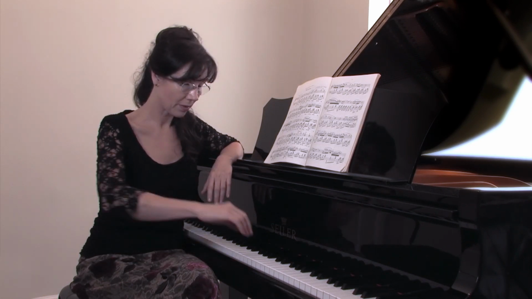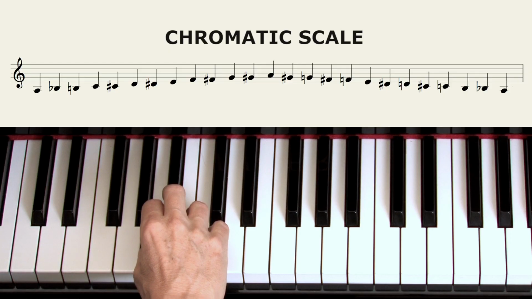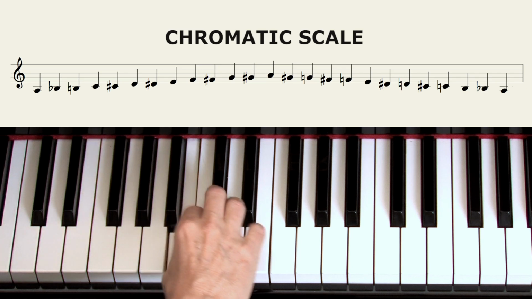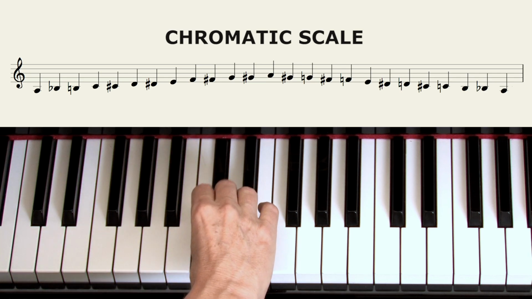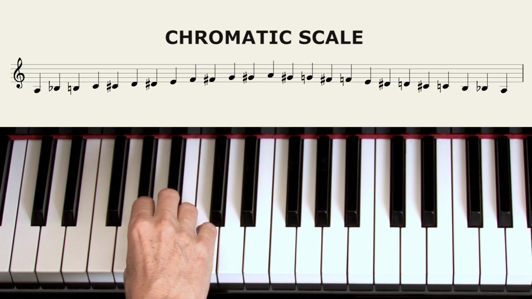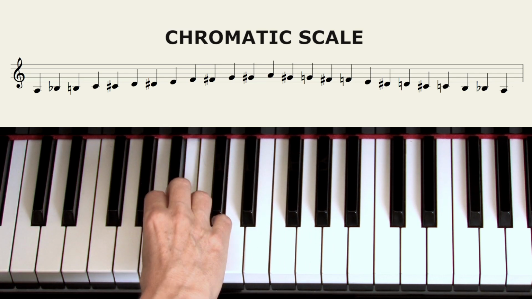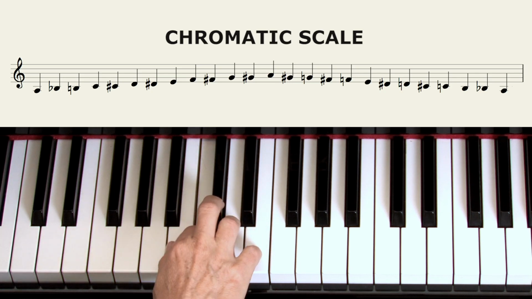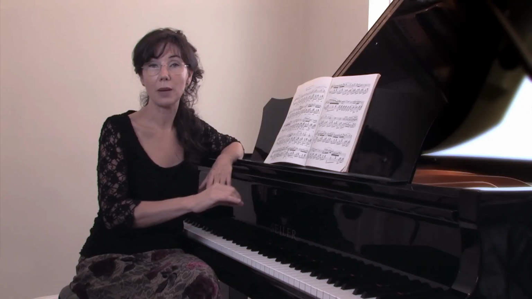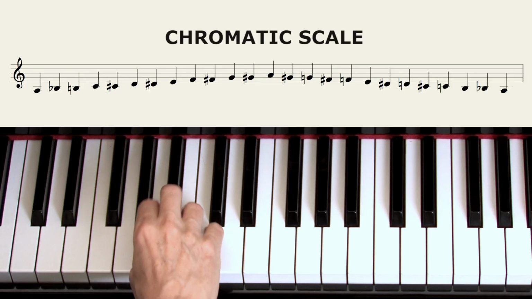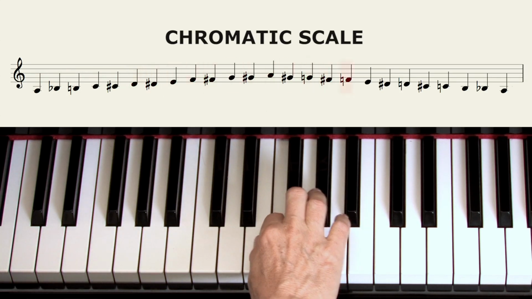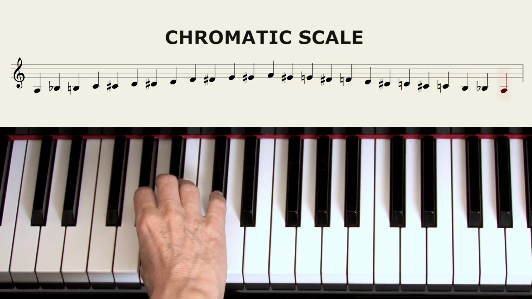For example, if I start on A, I can say A, B flat, B, C, C sharp, D, but I cannot say A, B flat, B, B sharp, C sharp, D, because that would mean we have 3 different types of B. So bearing in mind these 2 simple rules, we can write chromatic scales.